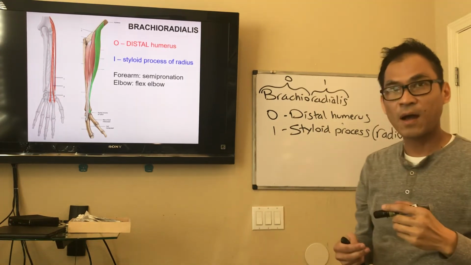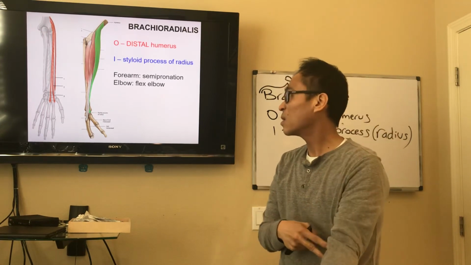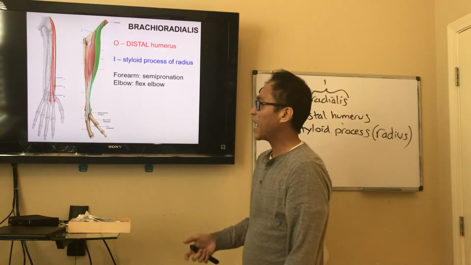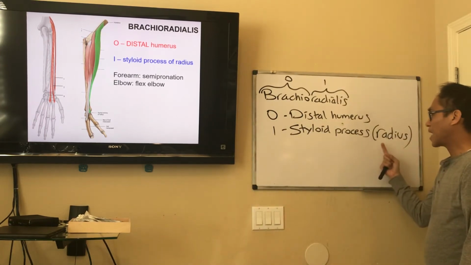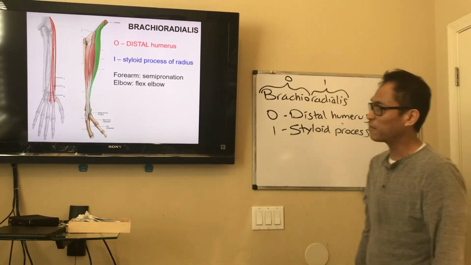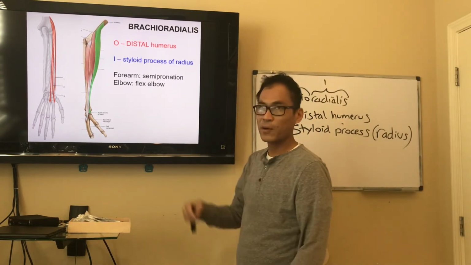So what joint does it cross? Pretty much the elbow. Because remember our rule, it attaches to the radius so it can affect pronation, supination. What we say it does is it semi-pronates.